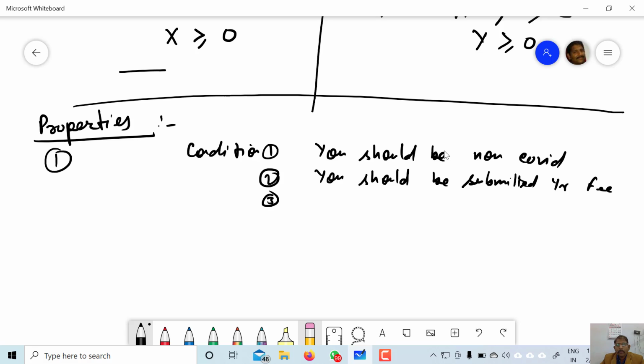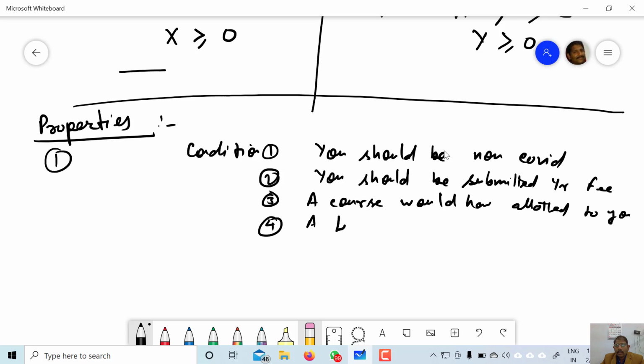Number 3, a course would have been allotted to you. Number 4, a teacher would have been allotted to you. Likewise there can be so many conditions.